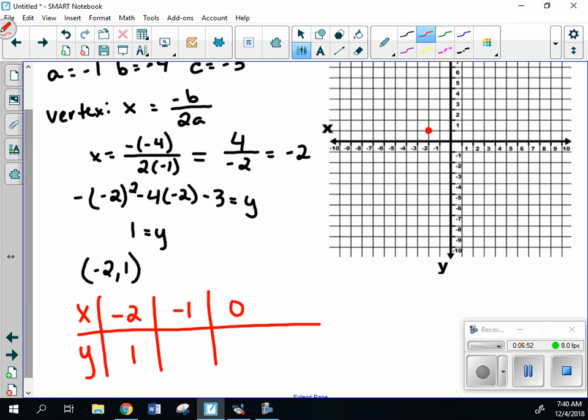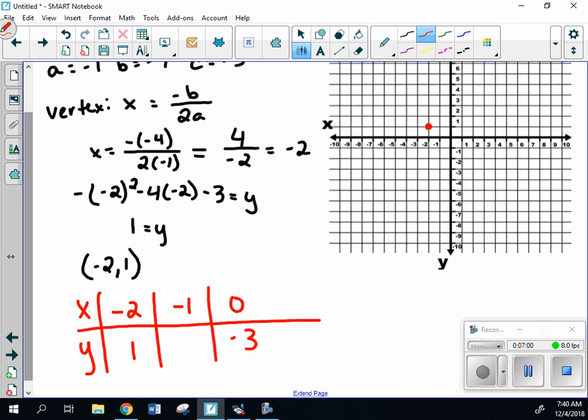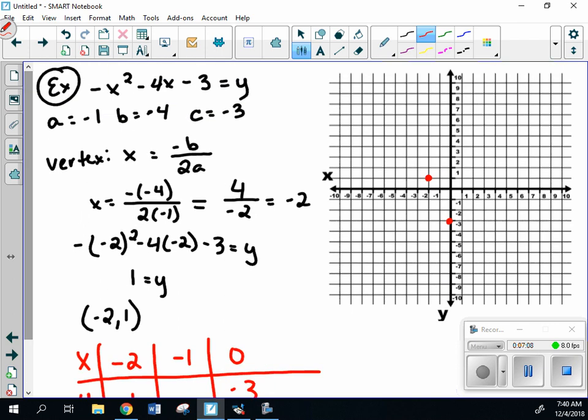So if I plug negative 1 into the original, I'm going to get a number. I already know that if I plug 0 in, it's negative 3. If I plug negative 1 in, I'm going to get negative 1 plus 4 minus 3.